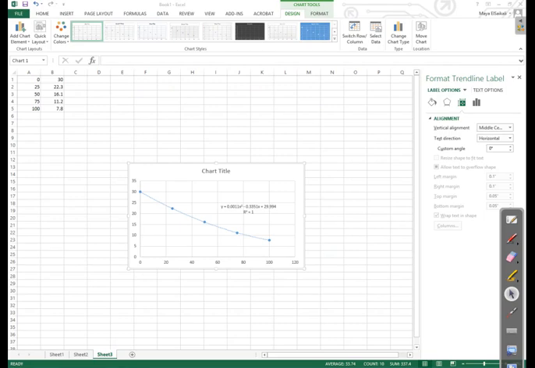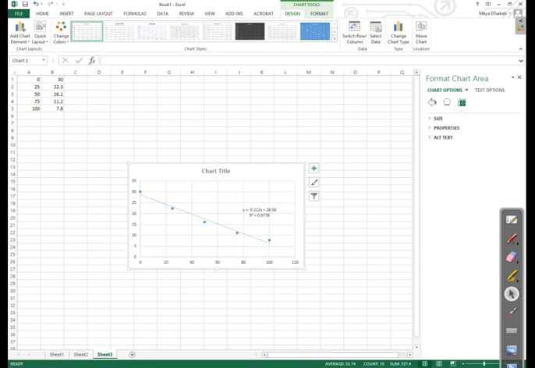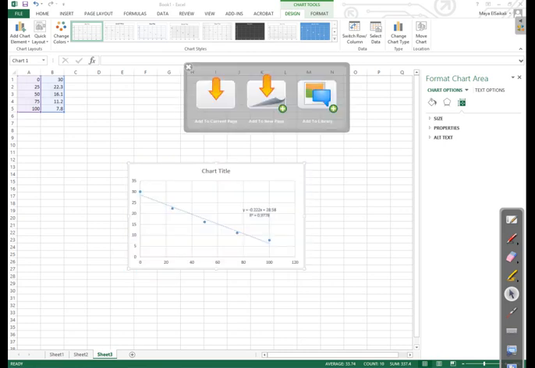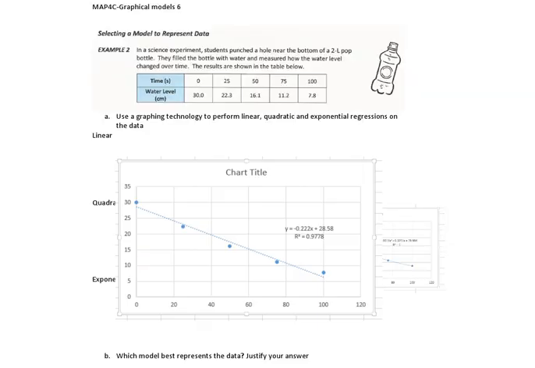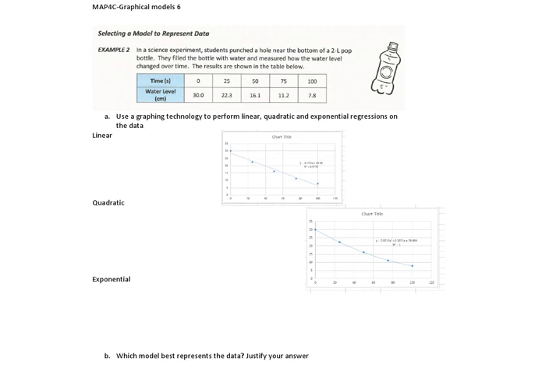Okay, and if I pick linear, you see that's exactly what I had. But remember that in this case, I don't have my axis titles. You guys have to have axis titles, so make sure that when you do that, you put the axis titles.